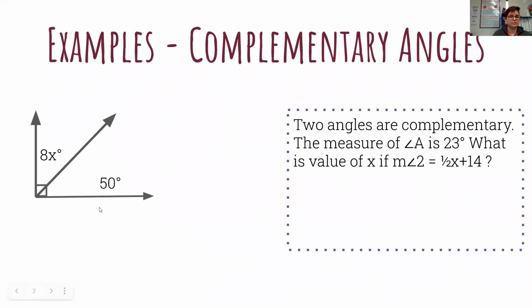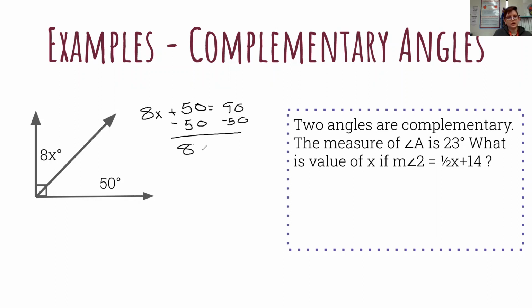Okay, we have another pair of complementary angles. We can see that there are two angles that we know add up to be 90 degrees. In this case, we're solving for x. Okay, so let's undo. So subtract 50 from both sides.